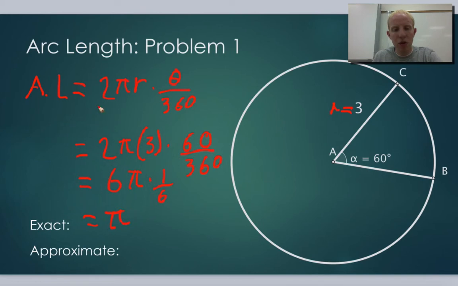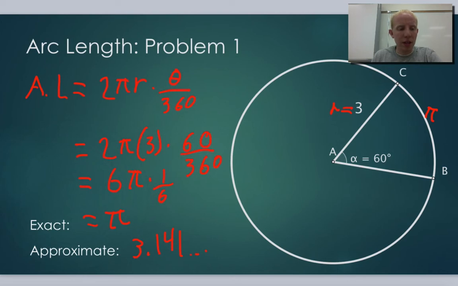So if we're just looking at that distance for this arc right here, it's pi. And usually there's a unit associated with it, like centimeters or feet or inches, but that's the exact distance along that arc. If we're trying to find the approximate, we just plug it into our calculator, which would give us 3.141.